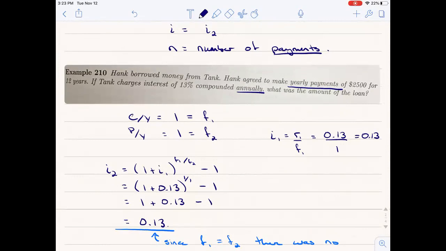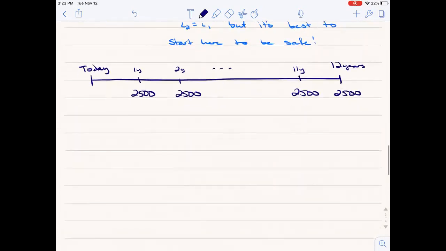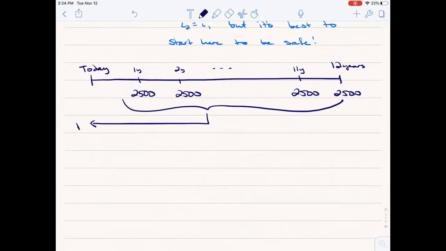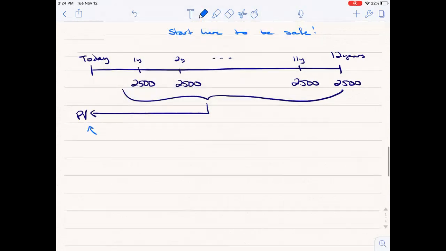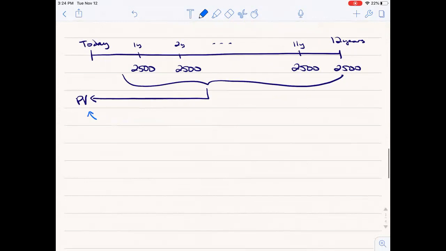If you have to know what the amount of the loan is, that's always a present value. So how do we indicate that for annuities? We funnel all these payments together and pull them back to today to find the present value, and the present value is the value of the loan.